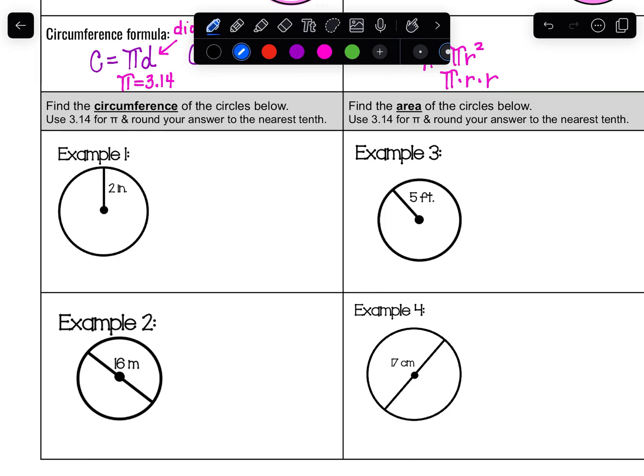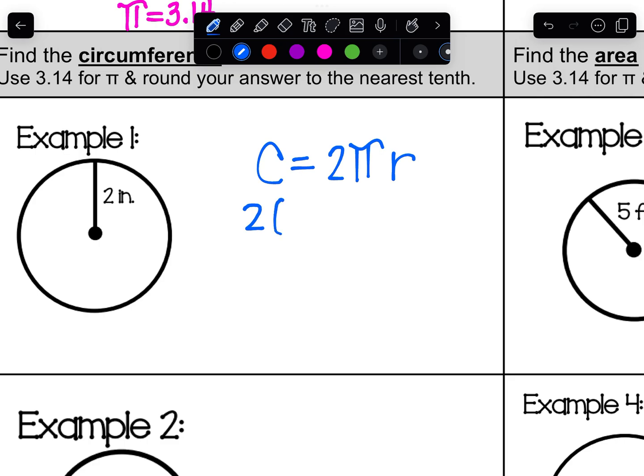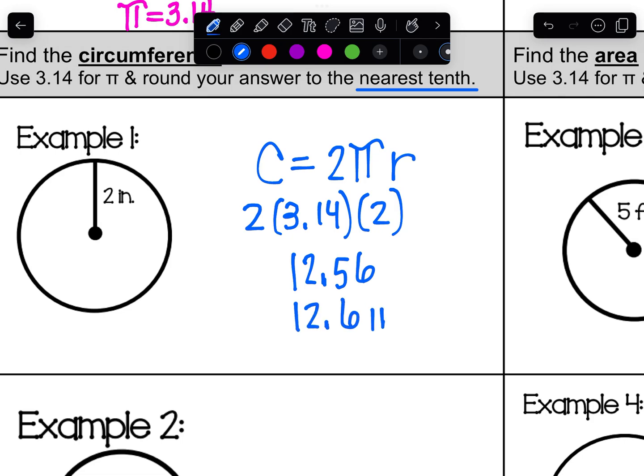The first set is: find the circumference of the circle below using 3.14 for pi and round your answer to the nearest tenth. We're finding circumference, and I can see right here that half the distance across the circle is the radius, so I'm going to use 2 pi r. So 2 times 3.14 times the radius of 2. I'm going to just do 2 times 2 in my head, calculate 4 times 3.14, and I get 12.56, but this tells me to the nearest tenth, so I'm going to go 12.6 inches.